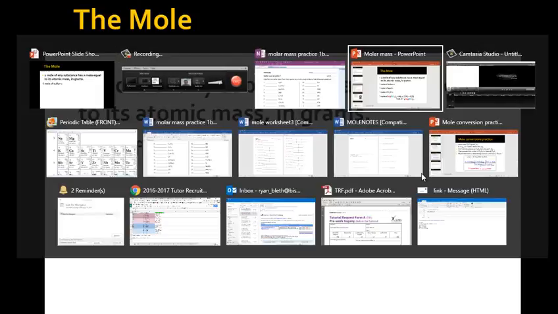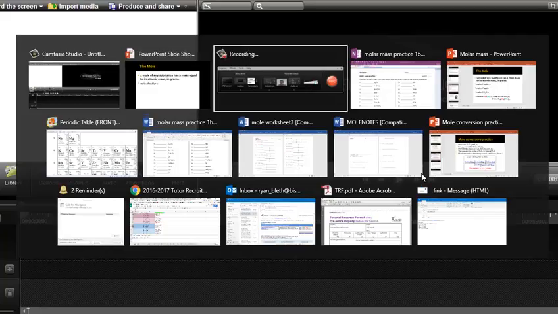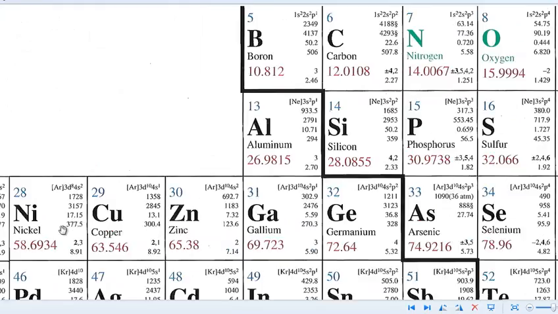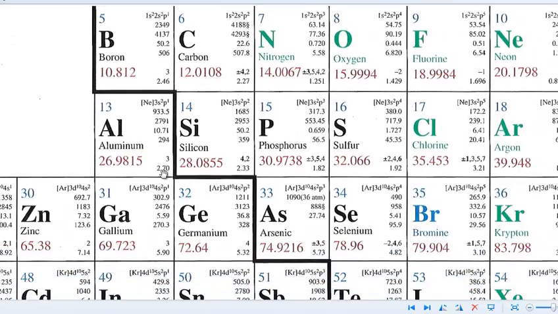If I pull up our periodic table here and look at sulfur, you can see that sulfur has a molar mass or an atomic mass, this red number on this particular periodic table, 32.066. That mass that we used back in the beginning of the year to talk about the average mass of 1 sulfur atom also represents the molar mass of the element sulfur.